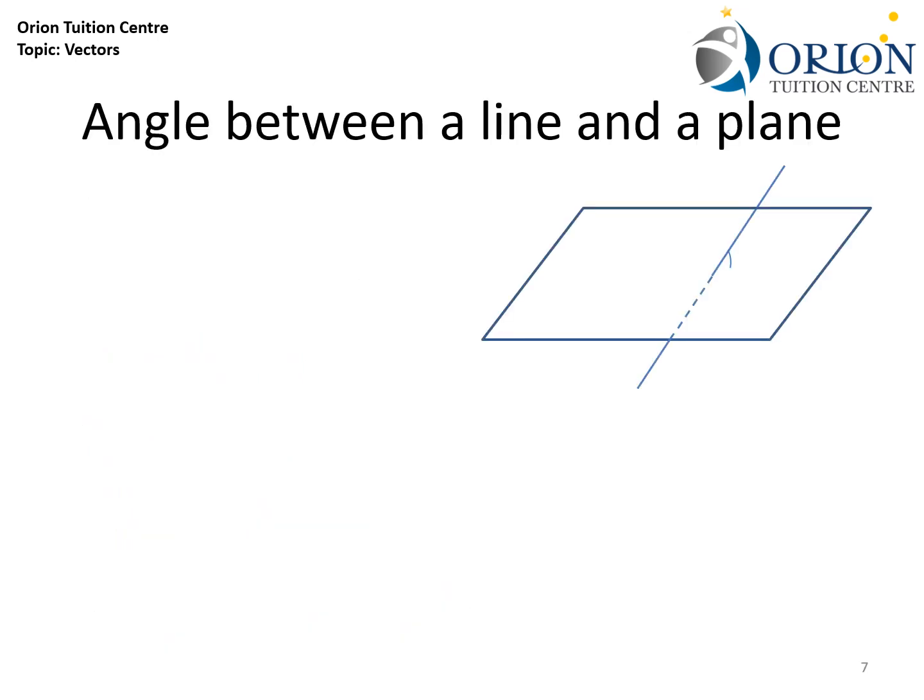In the chapter of vectors, when we are finding angles, it is almost always using the dot product formula, which means cos theta equals d1 dot d2 over mod d1 mod d2. Except in the case when we are finding the angle between a line and a plane.